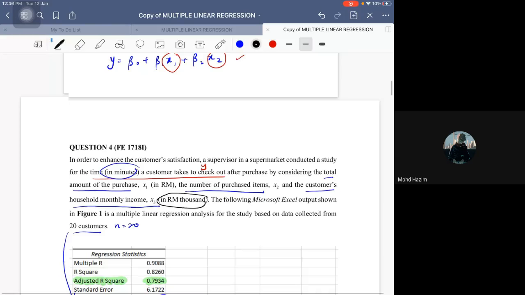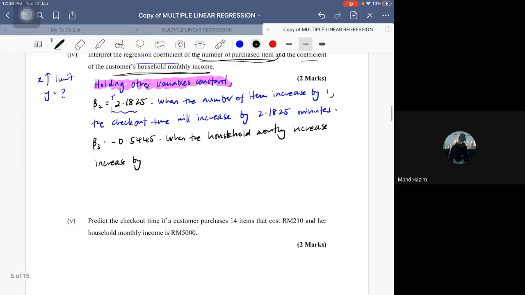So I'm going to write RM 1000. When the household monthly income increased by RM 1000, because 1 unit is 1000, the checkout time will decrease by 0.5445 minutes. So this is what happens.